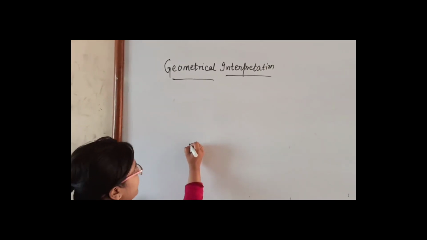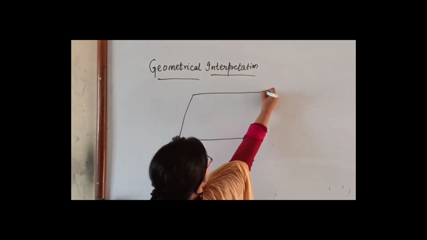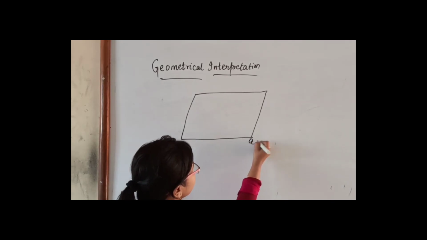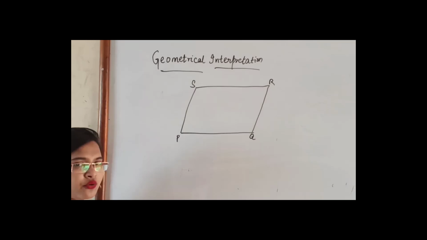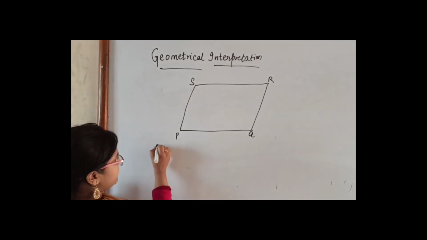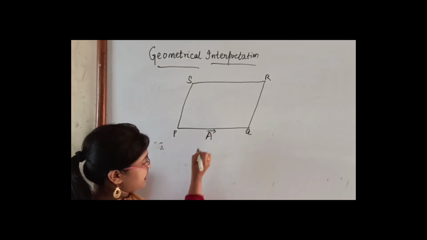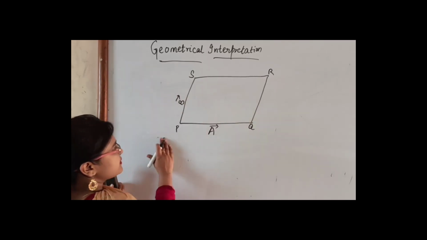Consider a parallelogram PQRS such that PQ represents vector A and PS represents vector B. Clear?